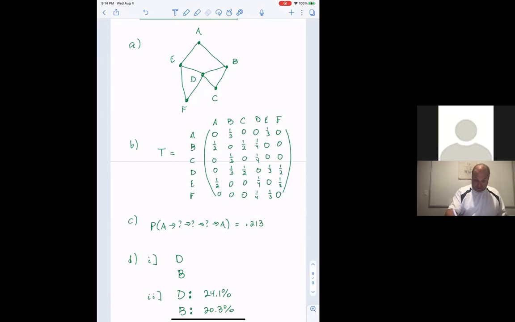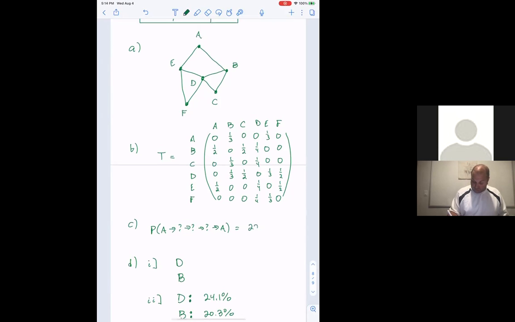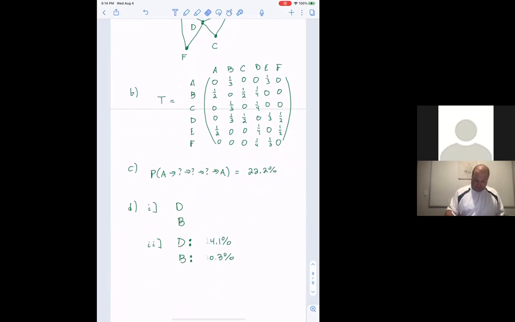And now I get, hopefully this is correct, 0.222. And when I raise G to the 100th power, I get, yep, okay, there we go. Fair enough. 18.75% of that one and 18.75% of that one.